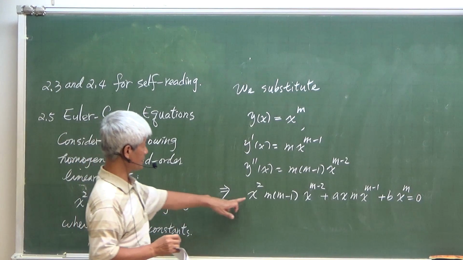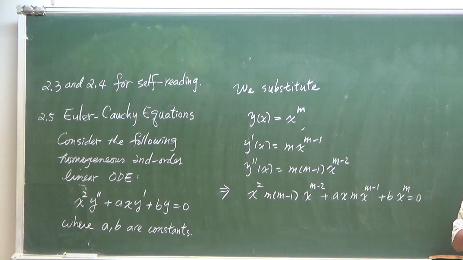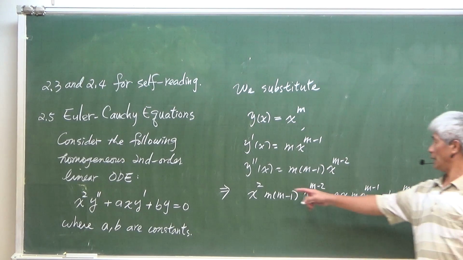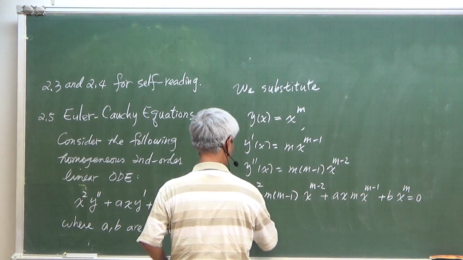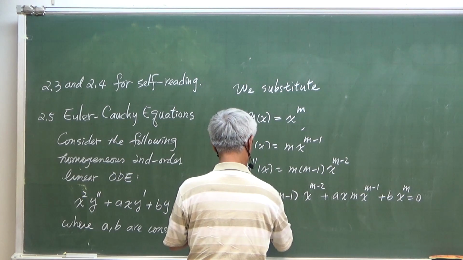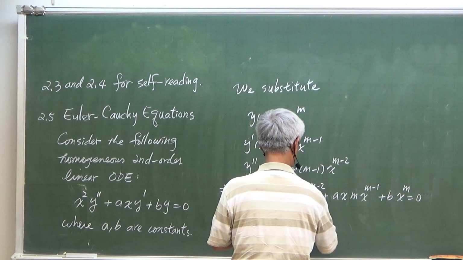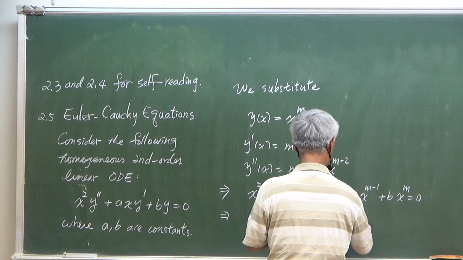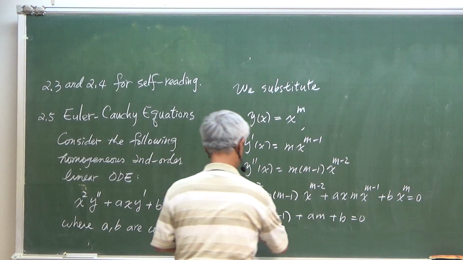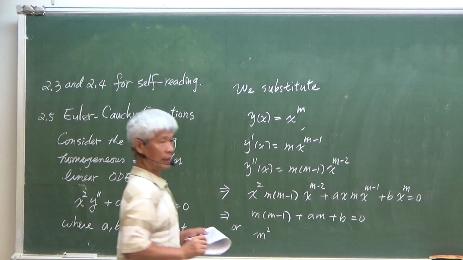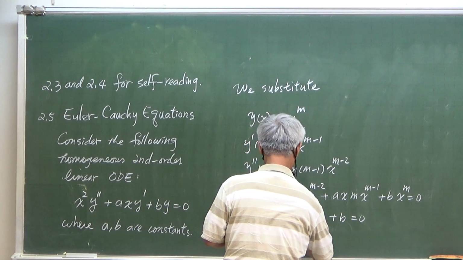Now you can see all three terms have a factor x to the nth power. So we have n(n-1) plus a n plus b equal to 0, or we can combine linear terms.